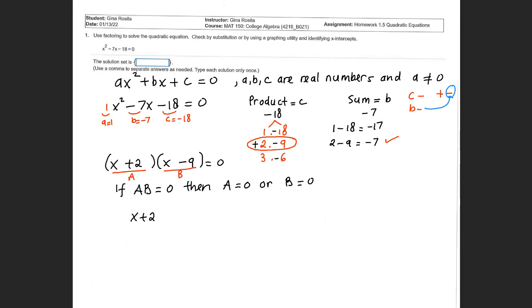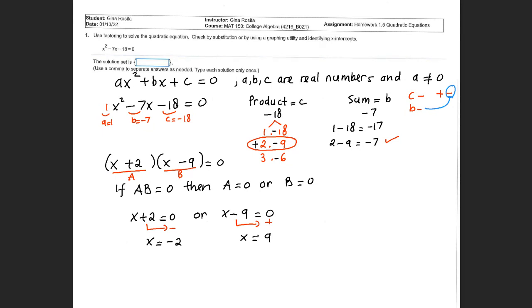A times B equals 0 means A equals 0 or B equals 0. So x plus 2 equals 0 or x minus 9 equal 0. Move plus 2 to the right side, it becomes minus, so x equal negative 2. Now move negative 9 to the right side, it becomes positive, so x equal 9.